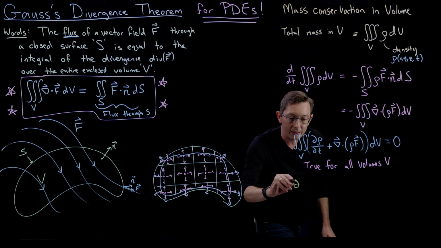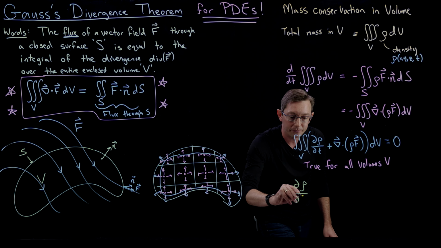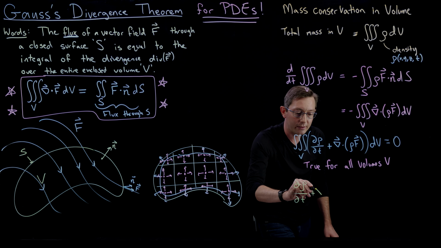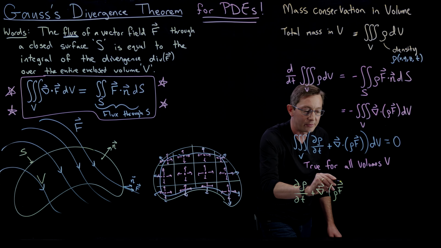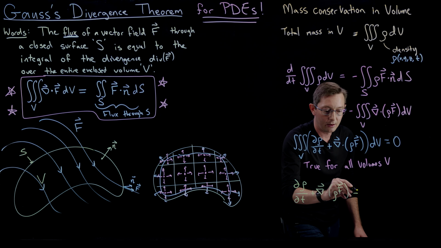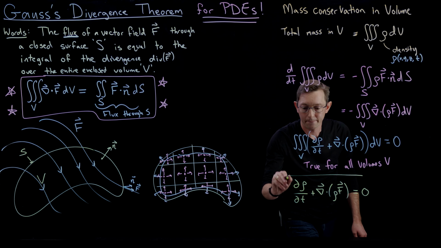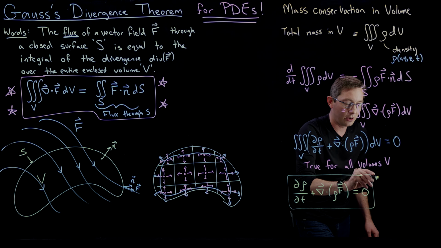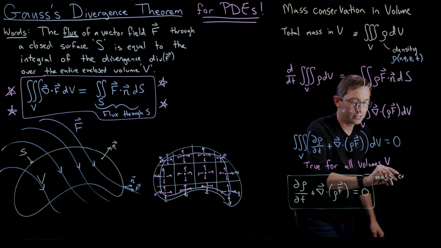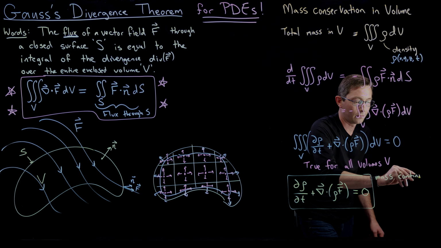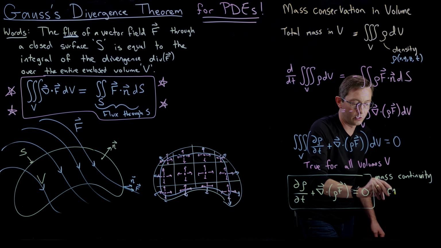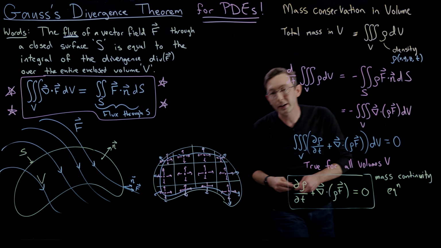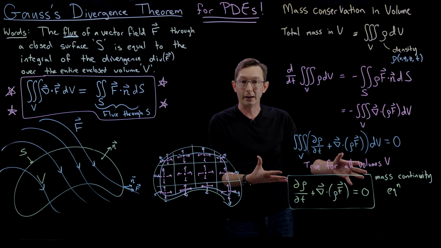And so then we finally get partial rho partial t plus the divergence of rho times my vector field F equals 0. And this is called the mass continuity equation. And it's one of the fundamental equations in fluid mechanics.